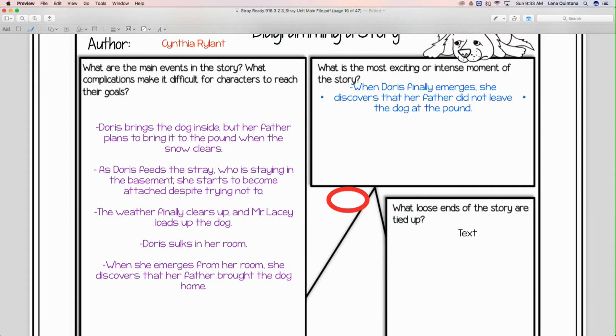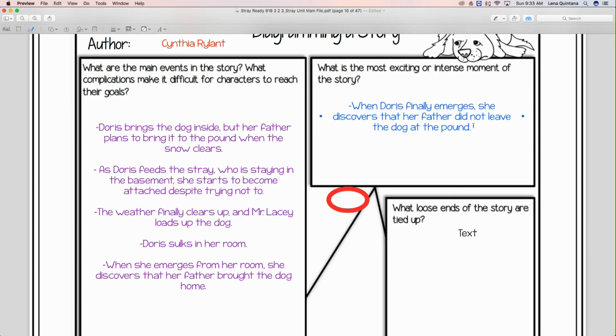So he brings the dog home, even though, you know, they don't have a lot of money, they can't afford to have a dog, but he would rather know that he did something good for this dog than leave it at the pound. He said he wouldn't even leave an ant at the pound.